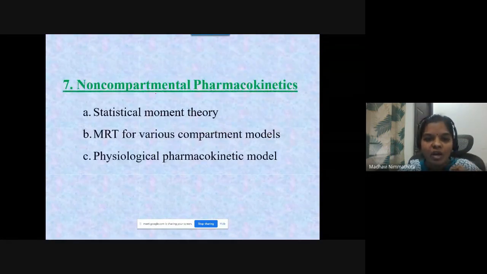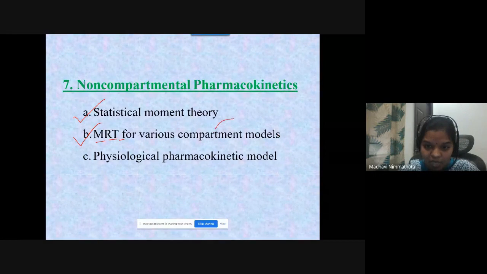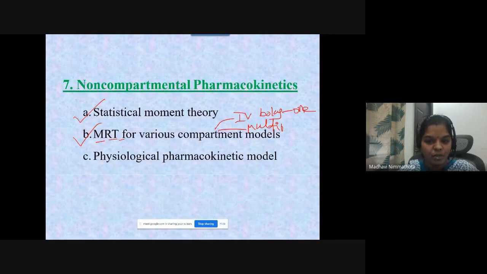So in this non-compartmental pharmacokinetic analysis, you are going to read about the statistical moment theory and mean residence time. MRT stands for mean residence time for various compartment models. That means it includes IV bolus and multi-compartments, and also the one compartment open model.